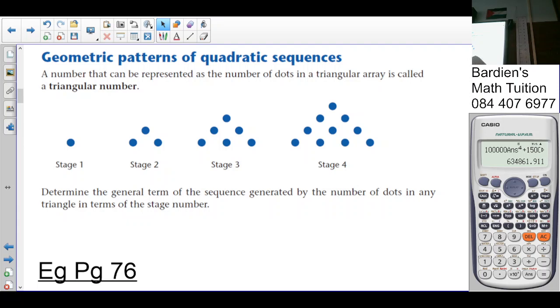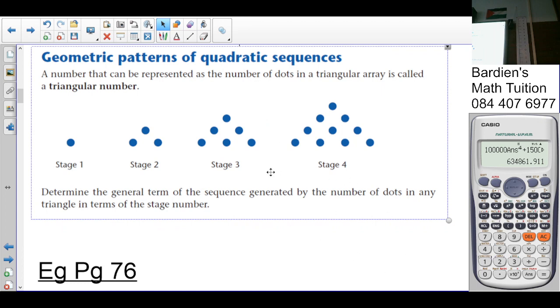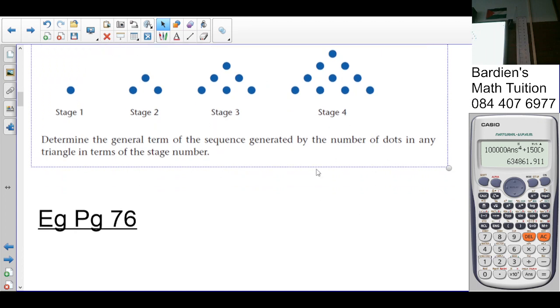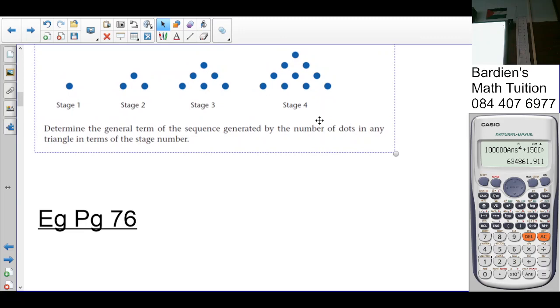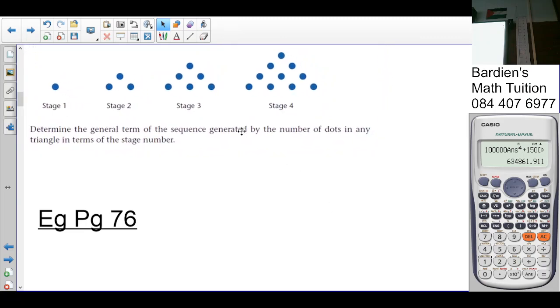So when you are given a geometric pattern where it's in terms of a picture, what I do is I transfer this information to a number sentence, a number sequence. Okay?